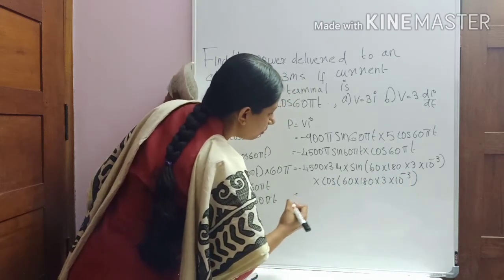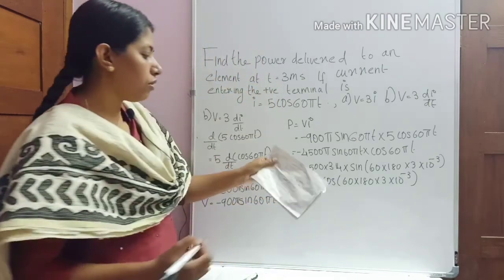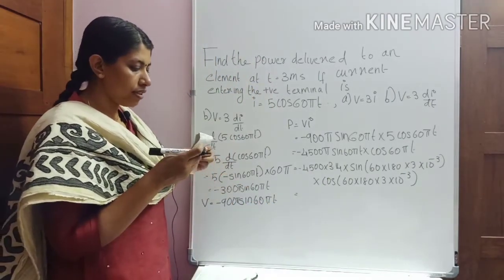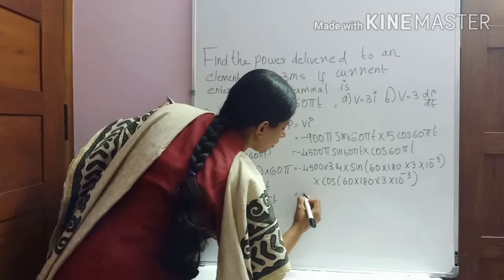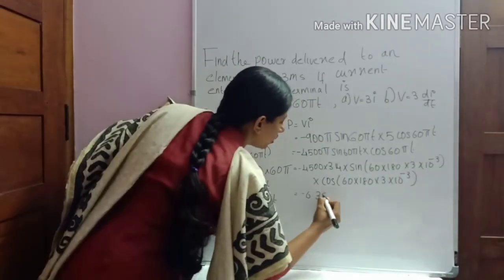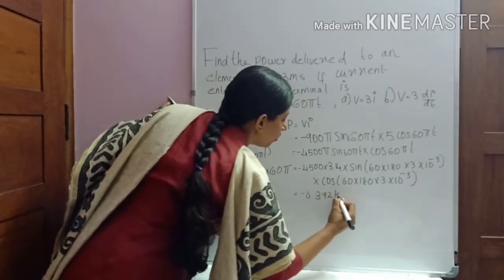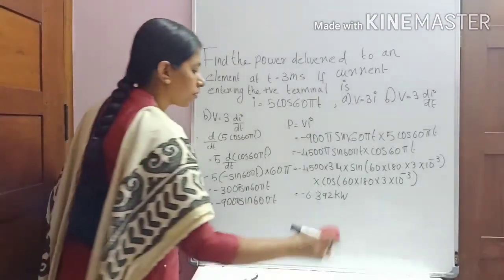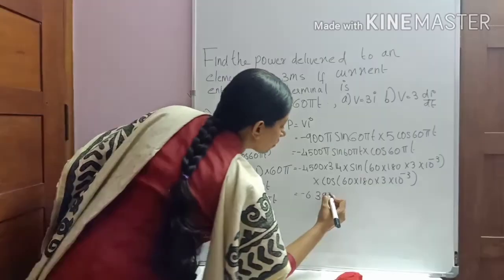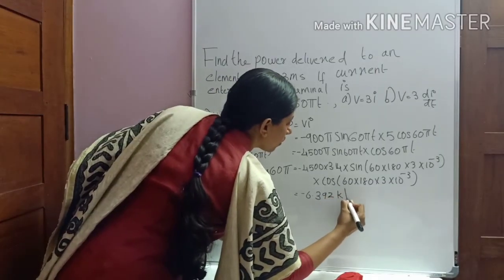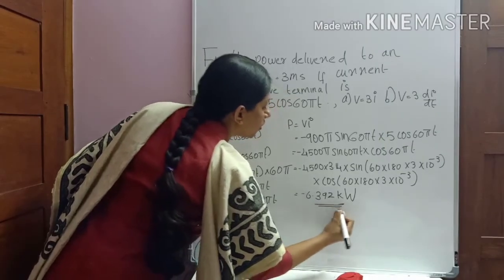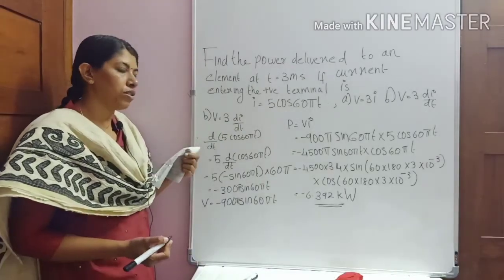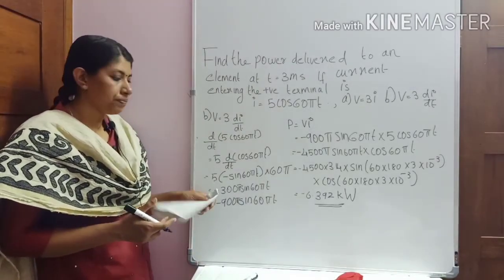When you solve this, you will get the answer as minus 6.392 kilowatt. So this will be the answer.